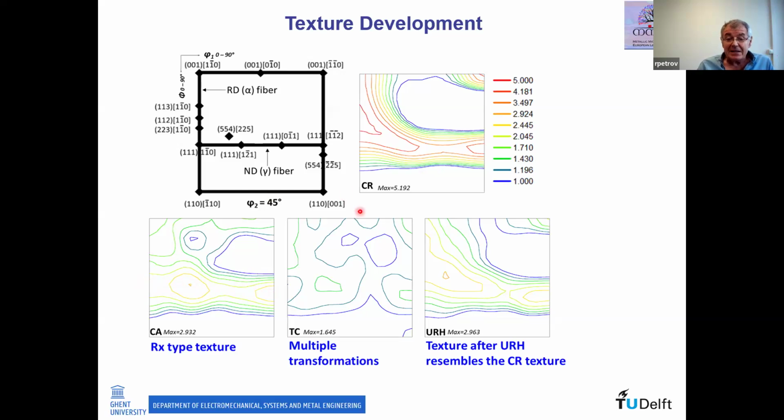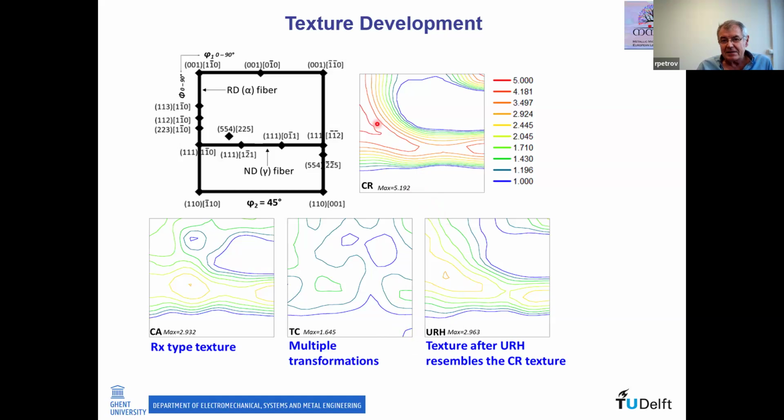Very interesting is that with the multiple transformation in thermal cycling, the texture is extremely weak. Actually, the maximum intensity is 1.6, and it resolves almost the rotated cube here, small components, small intensity around 1.6. One is the random texture, and even Goss can be found with intensity around 1, a little bit.